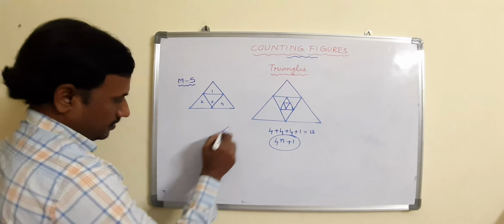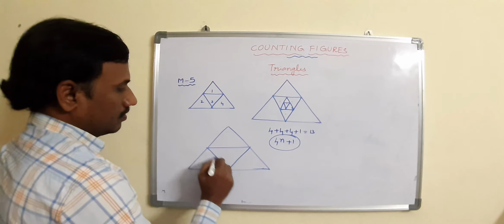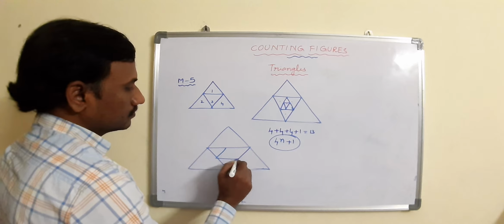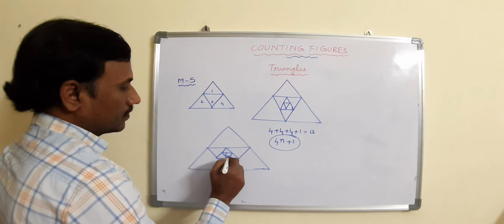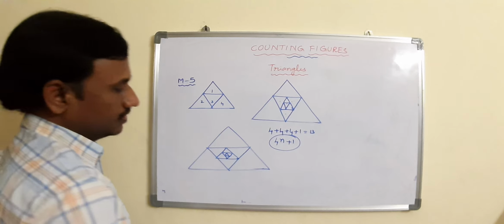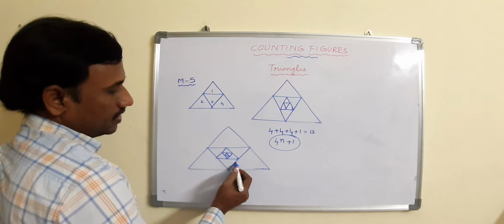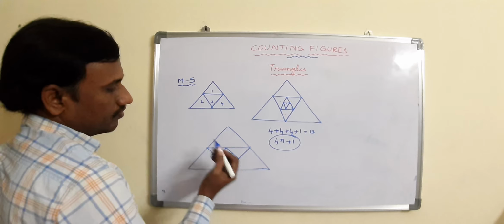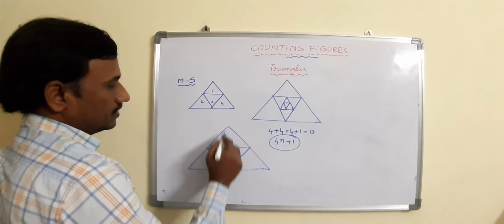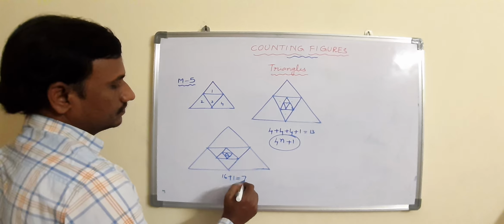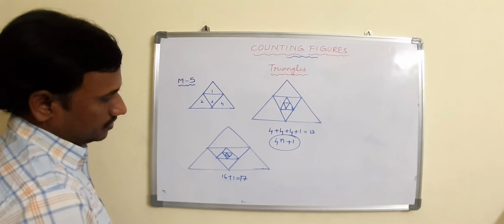For example, if we are having it like this, just count: 1, 2, 3, 4. Because of 4 triangles, 4 into 4 is 16, and this total triangle makes 17. Okay, clear? This is the next model.